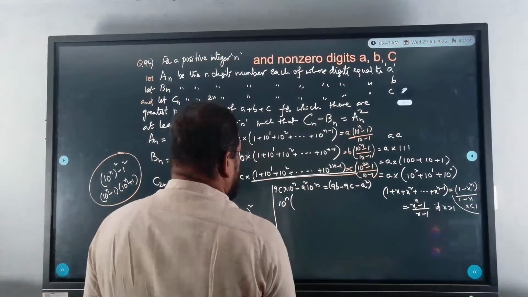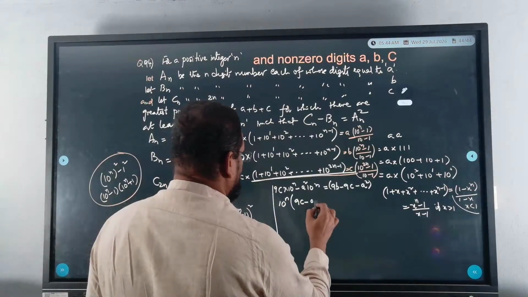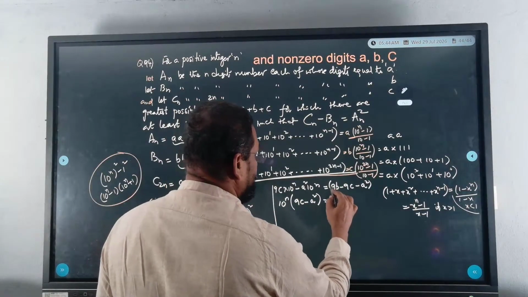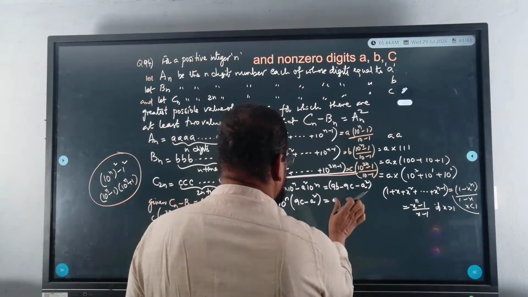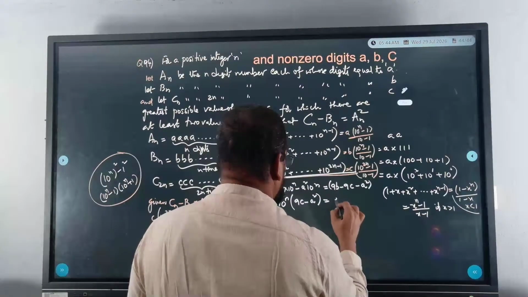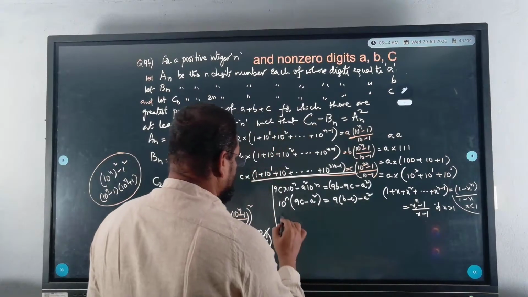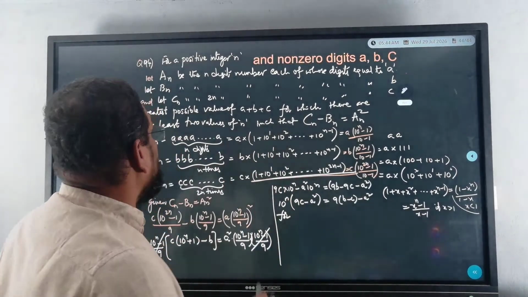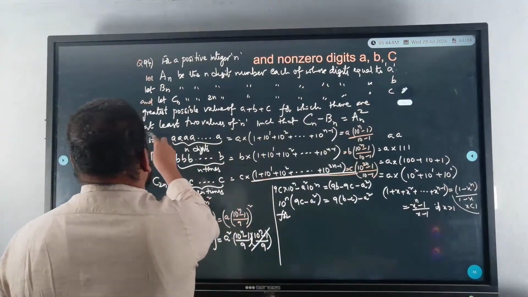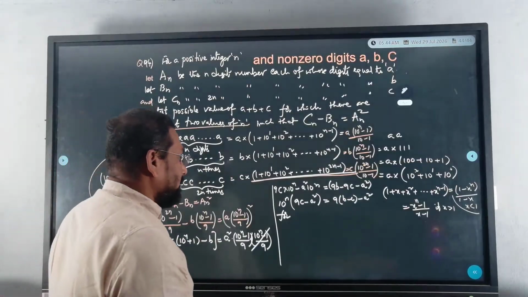So 10 power n into (9c minus a square) is equal to, this is 9 into (b minus c) minus a square. See, what is given in the question: there are at least two values of n for which it is 0.